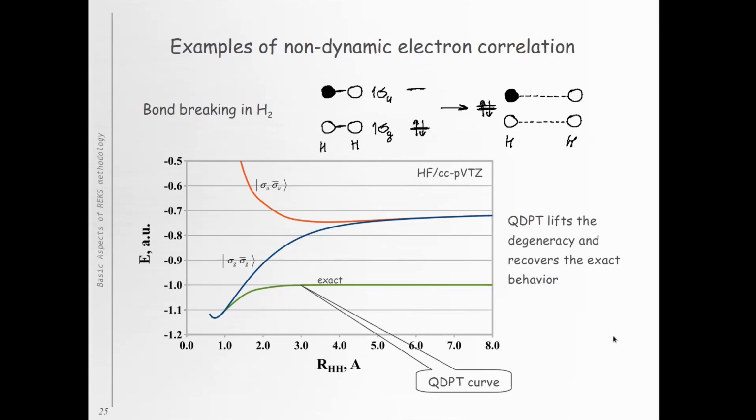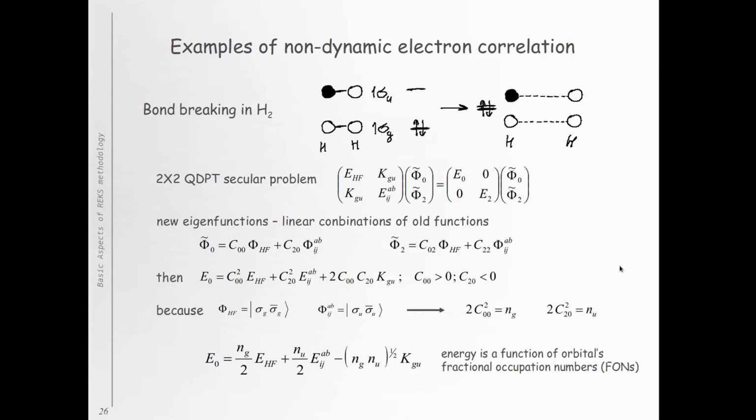Right, so bond breaking in the hydrogen molecule is one of the famous examples of non-dynamic electron correlation, where we need a multi-configurational description.